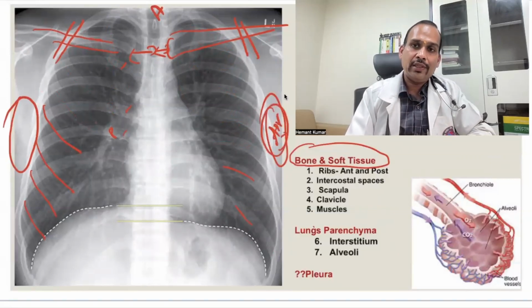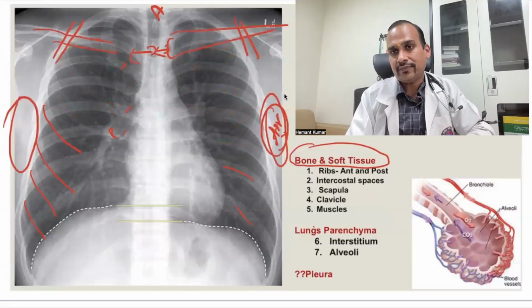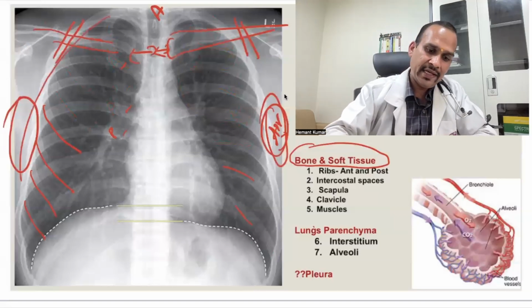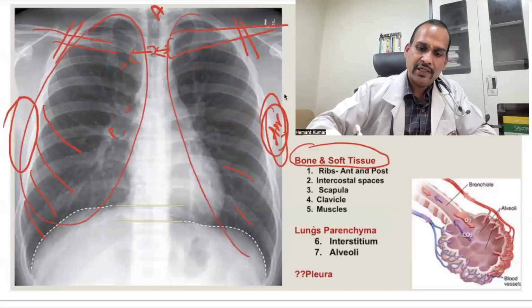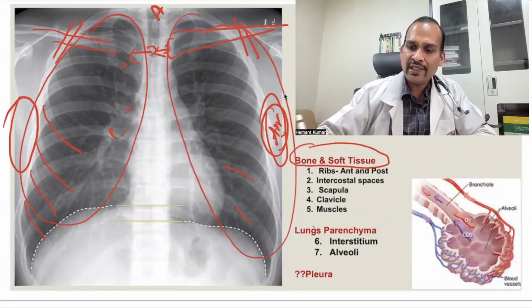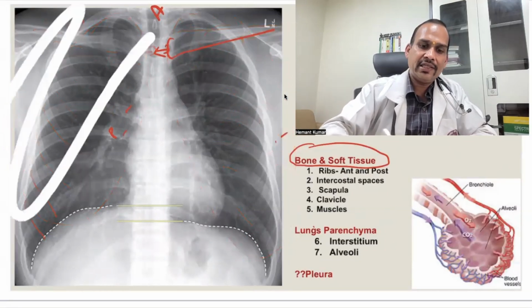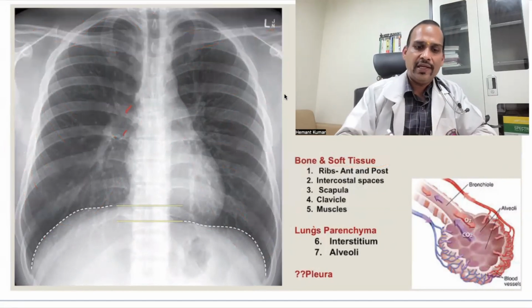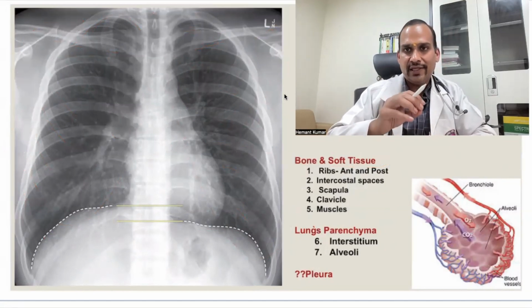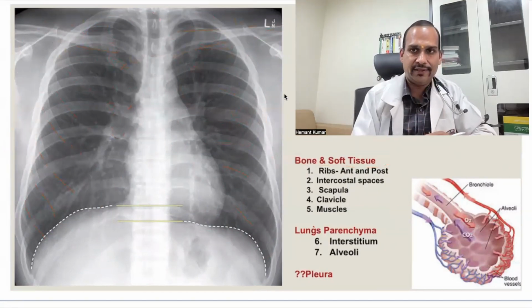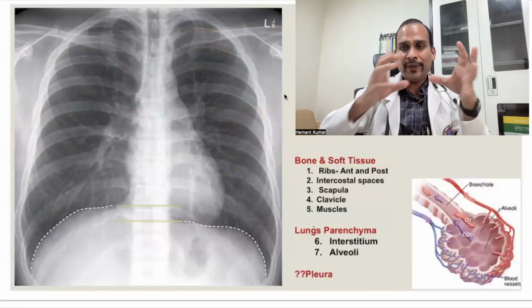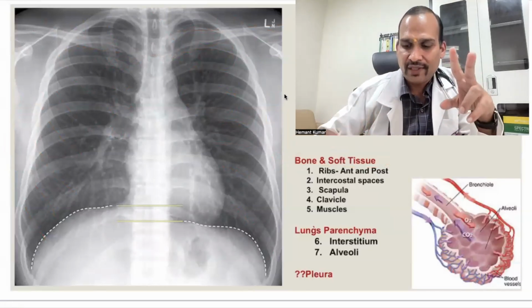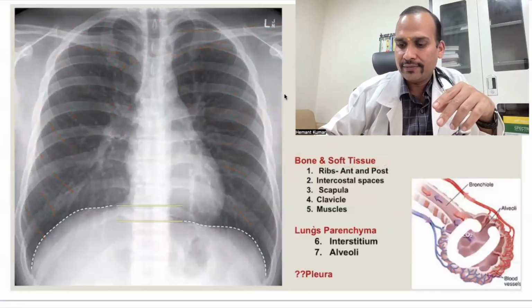Now coming to the lung parenchyma. The black area is the lung parenchyma. As I told you in the last lecture, whenever there is air, it gives a black shadow. If there is liquid or vessels, it gives white things. So in the lung parenchyma, there are two things. One is alveoli.